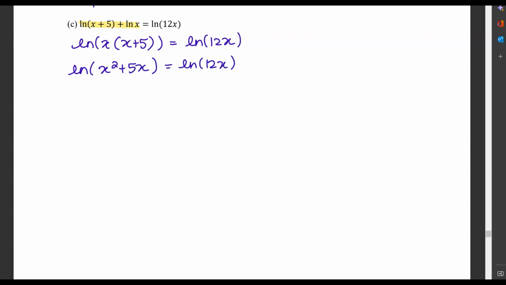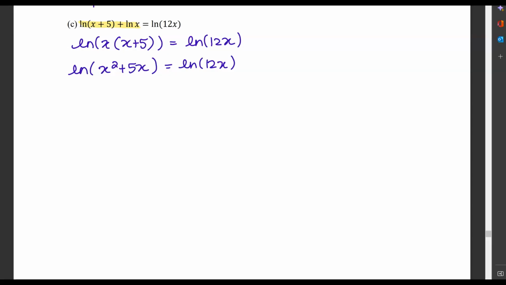Because I'm looking at the logarithm of the same thing, both of these are ln functions, so that tells me that I can take the insides and set them equal to each other. So then I end up with x squared plus 5x equals 12x. Okay, so let's go ahead and solve for x.